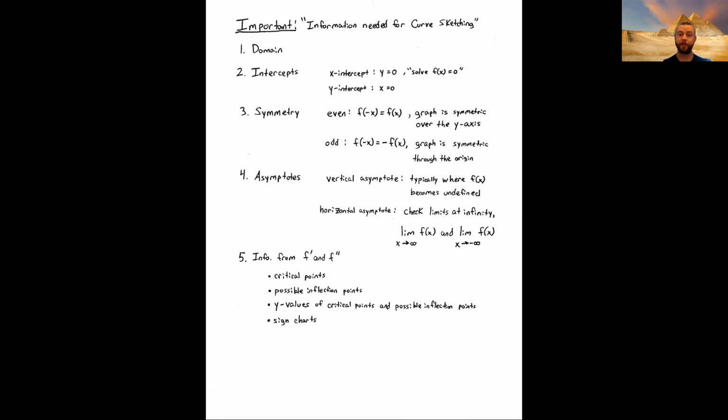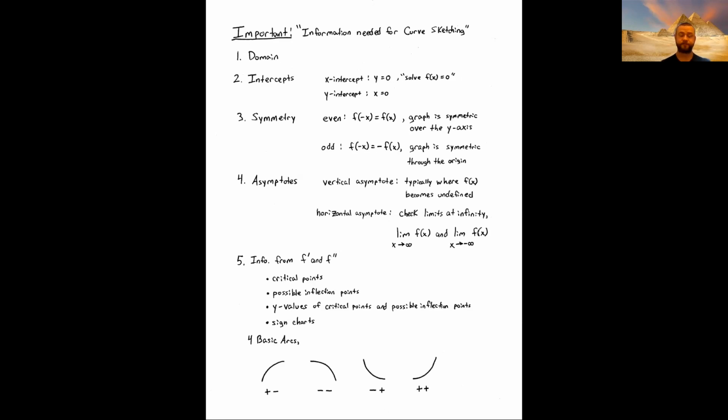Okay, these are pretty much all the ingredients that we're going to need to sketch a graph. An individual question that we'll be getting to momentarily on sketching a graph is typically going to involve most of these features. We're going to start with a simple one, and then we'll get progressively more complicated through the second and third examples. Now, before we move on, the most important part from information from the first and second derivative are our 4 basic arcs.